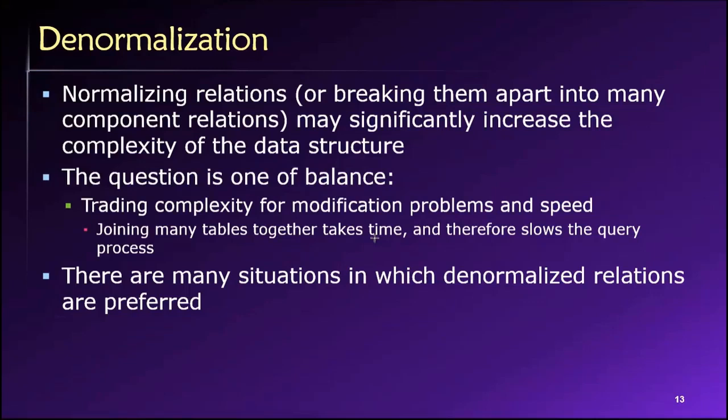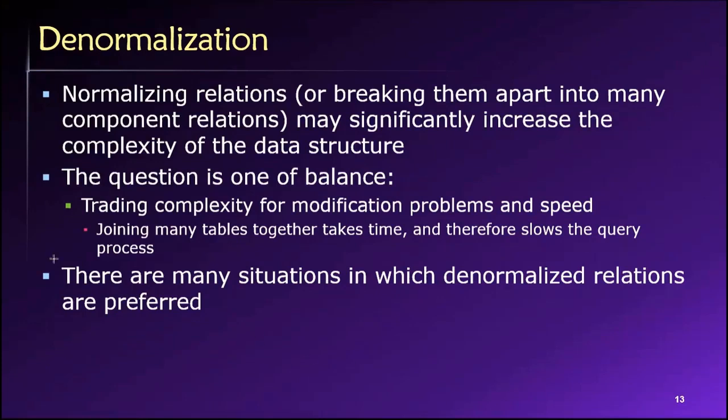However, when we do that, that increased complexity can slow down query speed. Okay. Because we'll have to do joins and the database will have to take the time to match records in different tables together based on these matching pairs of primary key, foreign key values. So it has to do all this extra work in order to answer the query, and that slows things down. So it's a trade-off, right?